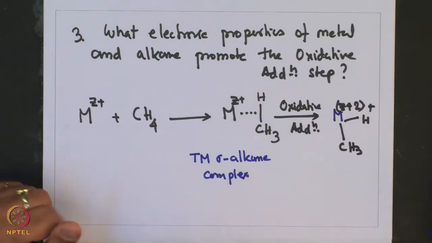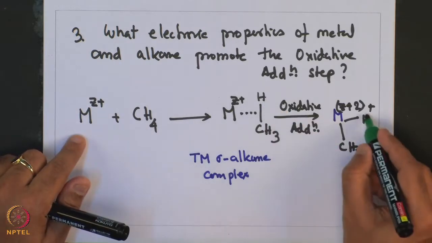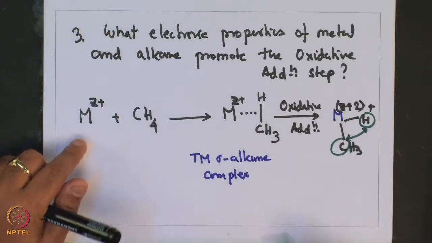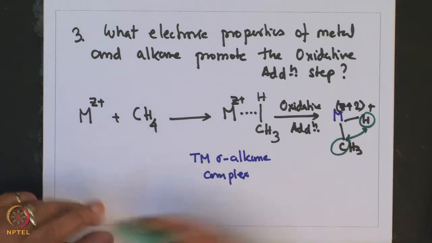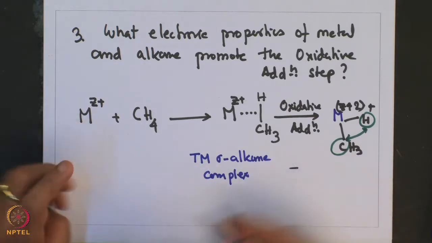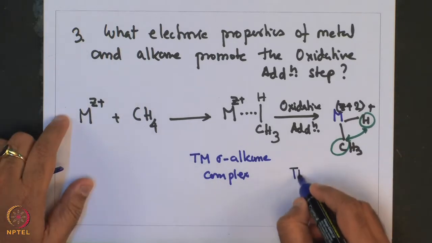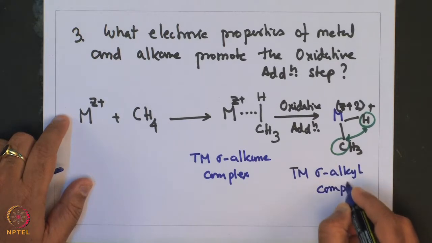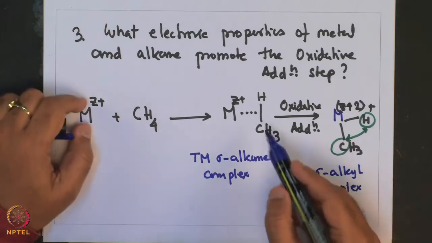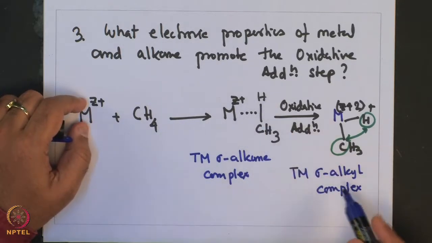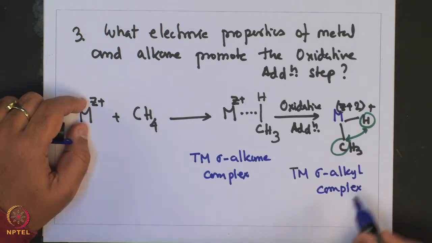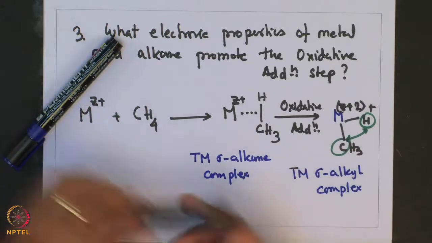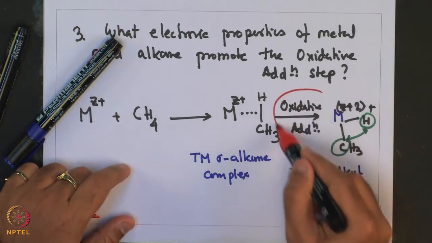Here the C H activation of this hydrogen and carbon has occurred, as we have seen in other cases. So, this complex formed over here is a transition metal sigma alkyl complex. The difference is that over here it is an alkane complex and over here it is an alkyl complex, and the alkyl complex is formed after the alkane complex has undergone oxidative addition.